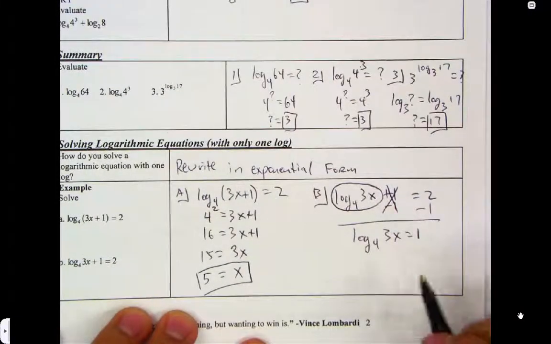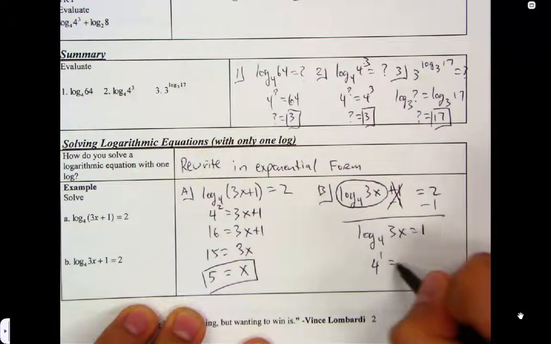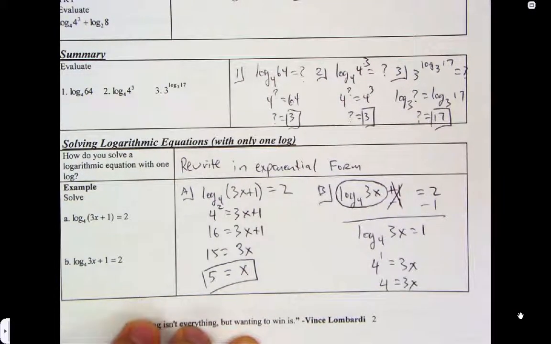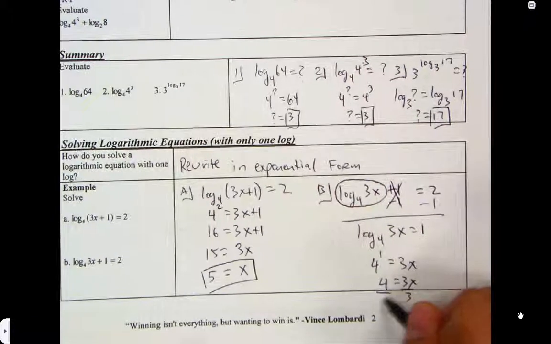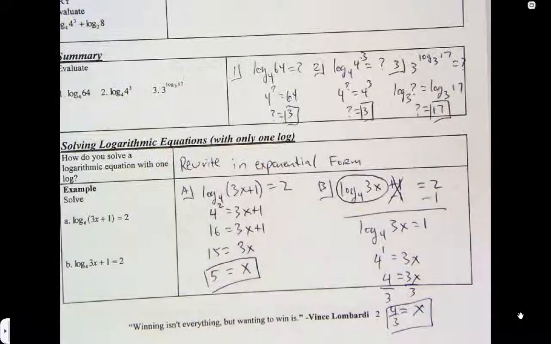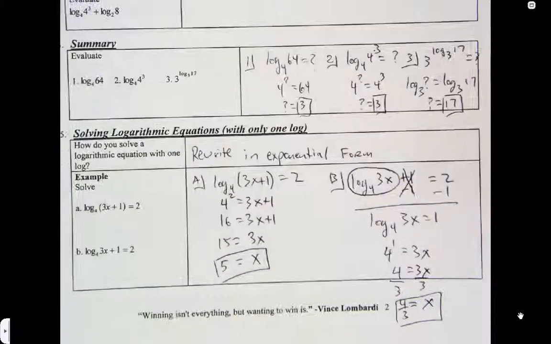And right here, I'm going to get rid of the log by rewriting in exponential form. So 4 to the 1 is equal to 3x. 4 to the 1 is 4. And this is a one-step equation, divide by 3 on both sides. x is equal to 4/3, or 1.33.